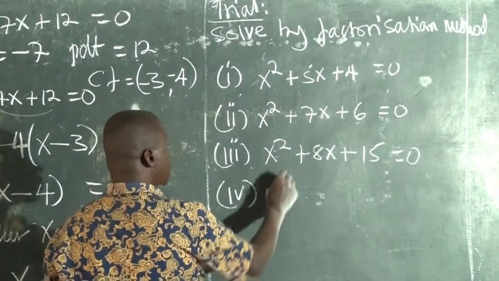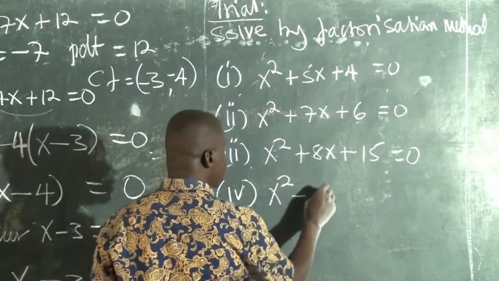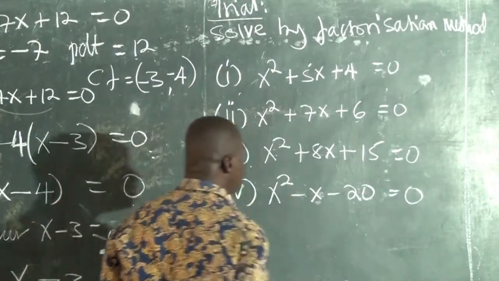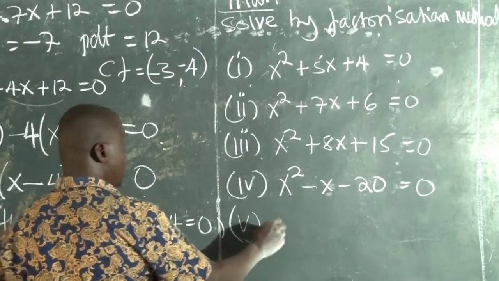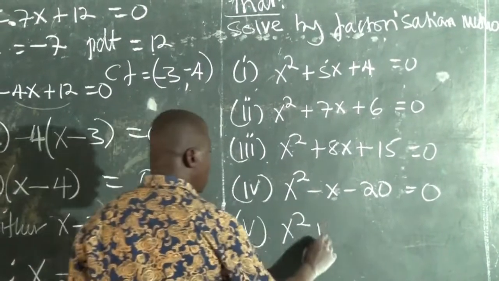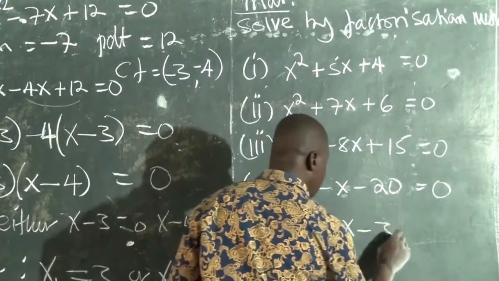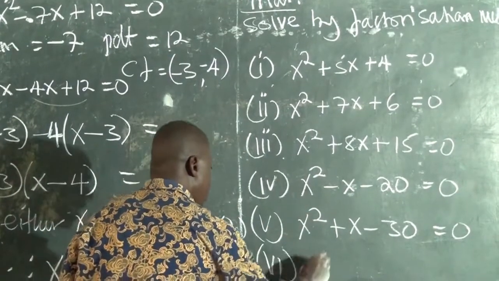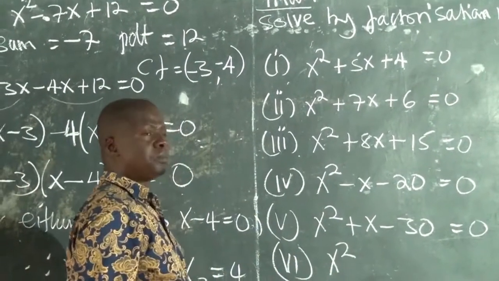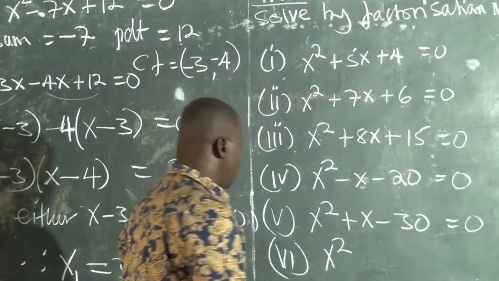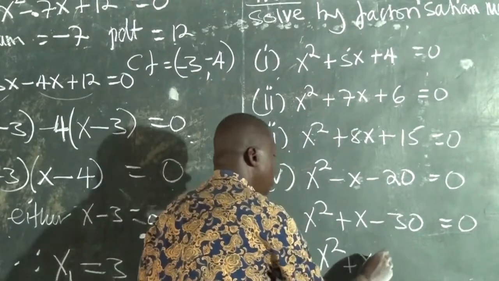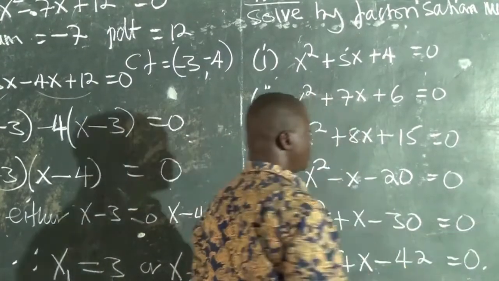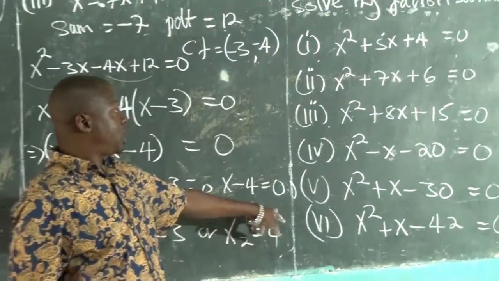Next, x squared minus x minus 20 equal to 0. Next, x squared plus x minus 30 equal to 0. Next, we have x squared plus x minus 42 equal to 0. Yeah, try out that work.